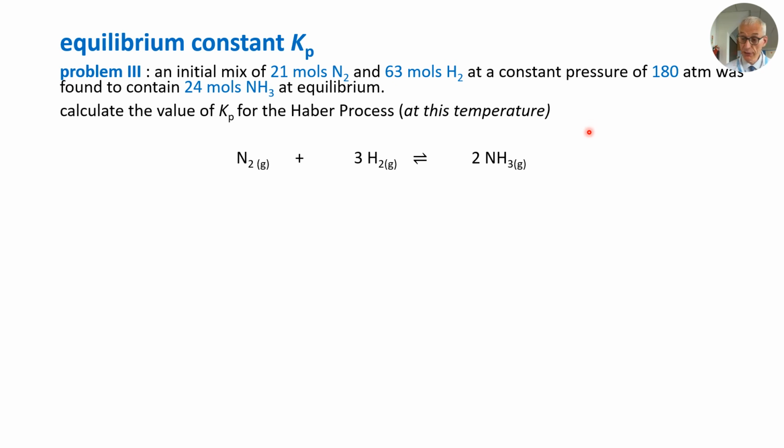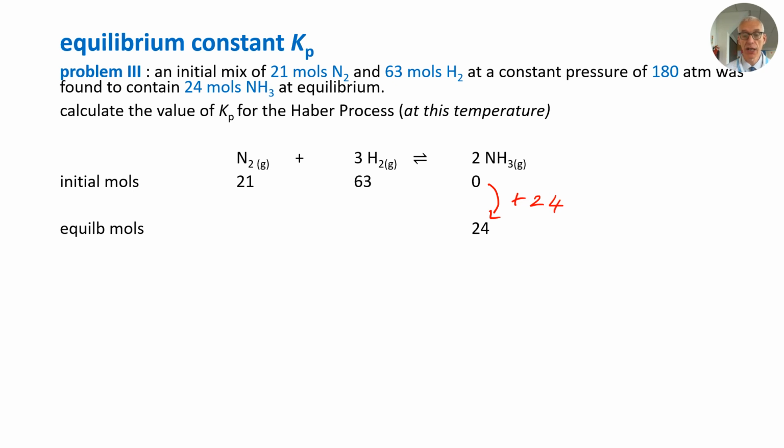Okay, so I'm going to reveal the first part of the calculation, which is to set it out in a way that can then be interpreted clearly. Initial moles, 21 of nitrogen, 63 of hydrogen, and 0 of ammonia. At equilibrium, we are told there's 24 moles of ammonia. So we've increased by 24 for ammonia.